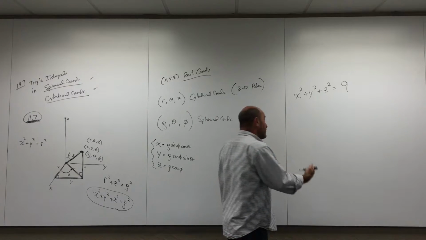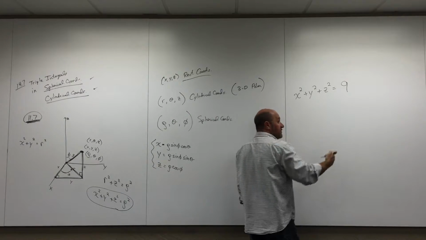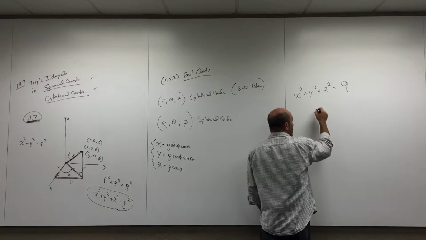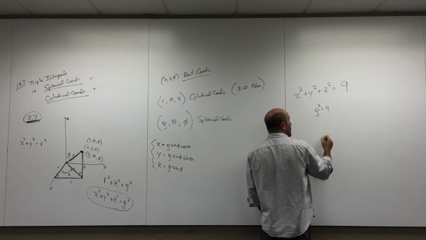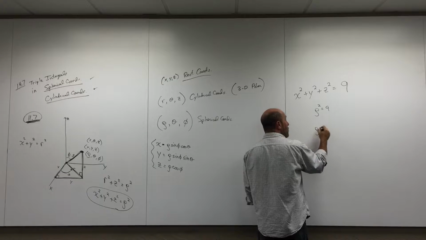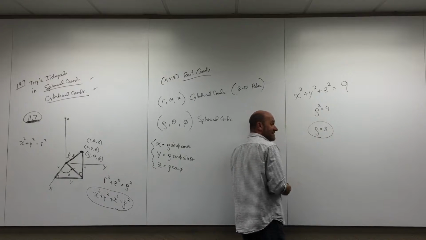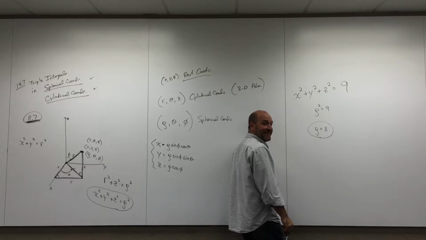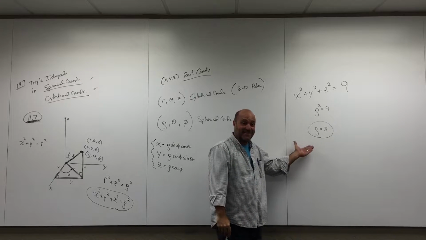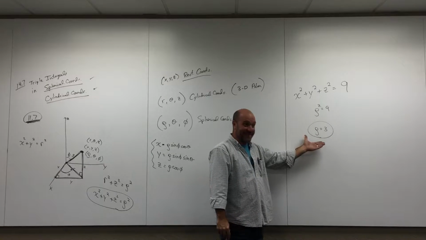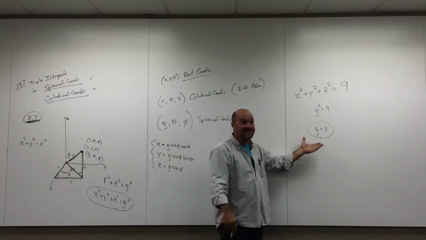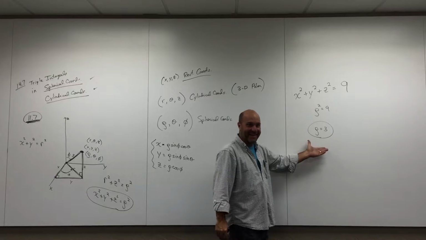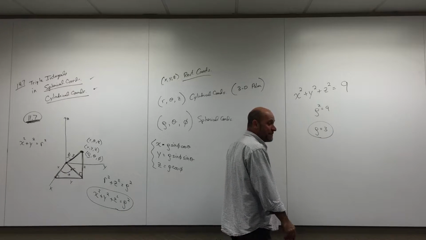So this is a sphere of radius 3 in rectangular coordinates, but if I convert it, it's rho squared equals 9. If I take the square root, rho equals 3. Guess what that is? A sphere of radius 3. That's pretty sweet. Spherical coordinates are nice for spheres. Rho equals 3 is its name.